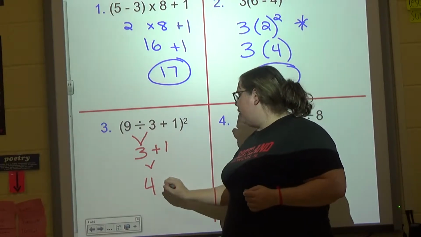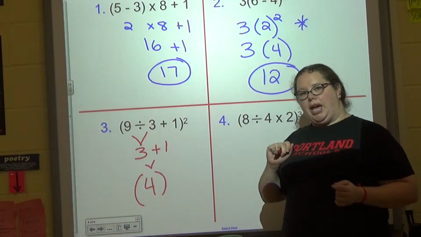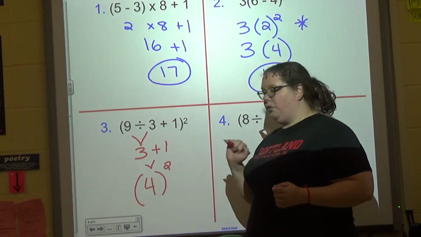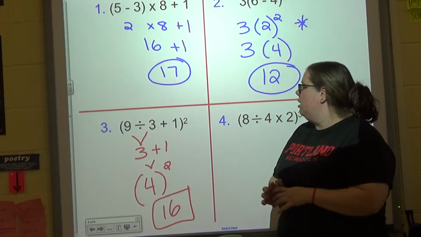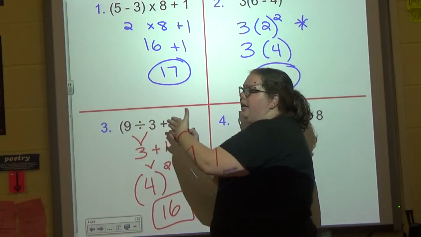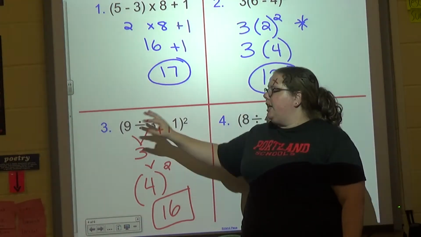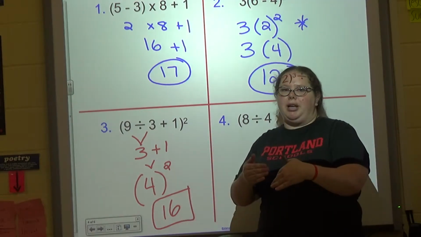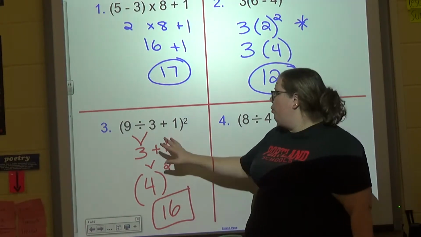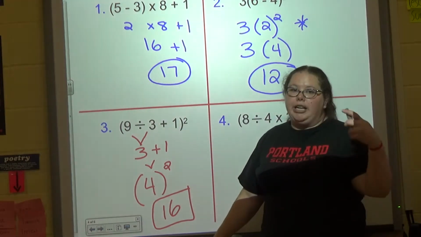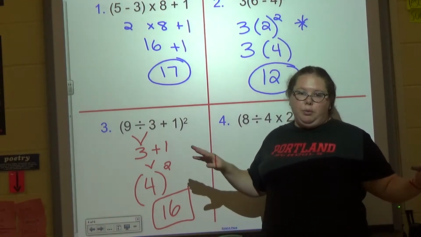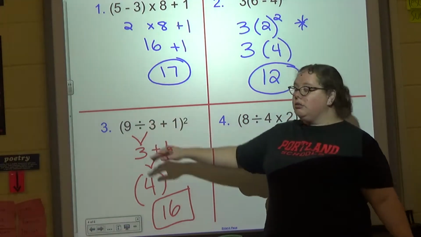Now that's our parentheses that we have to then square. 4 squared is 16. And we're done. So you have to do everything on the inside. Basically, inside any parentheses, you have to do PEMDAS or whatever it is. Whatever is inside the parentheses, you have to do all that first in the correct order. Rules don't go out the window because you're inside something.